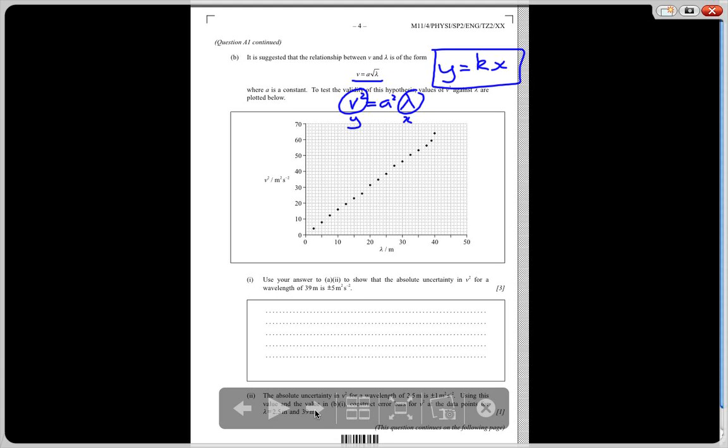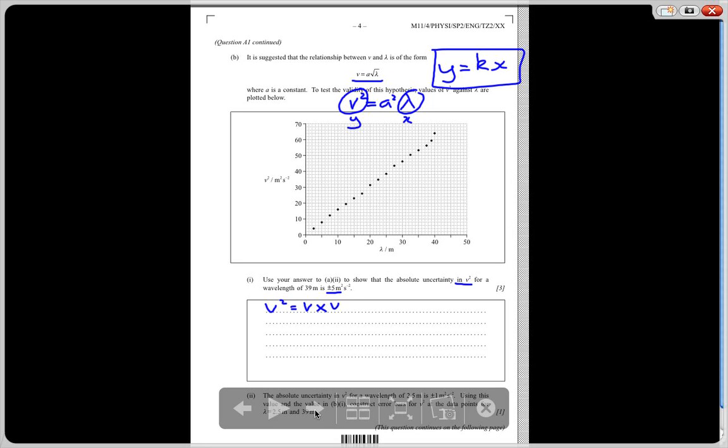So it says use your answer to A2 to show that the absolute uncertainty in v squared for a wavelength of 39 is equal to plus minus 5 meters squared s to the minus 2. Now, we're going to use this formula over here, that v squared is equal to v times v.